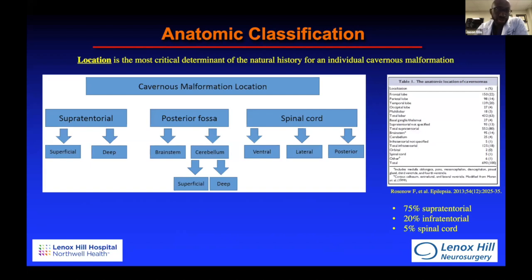Obviously, the ones that are in the forebrain, supratentorial, and superficial are generally easily accessible and have the least morbidity of treatment. The cavernomas in the spinal cord and in the brainstem are often the most morbid to treat because of the eloquence of the surrounding neural tissue.